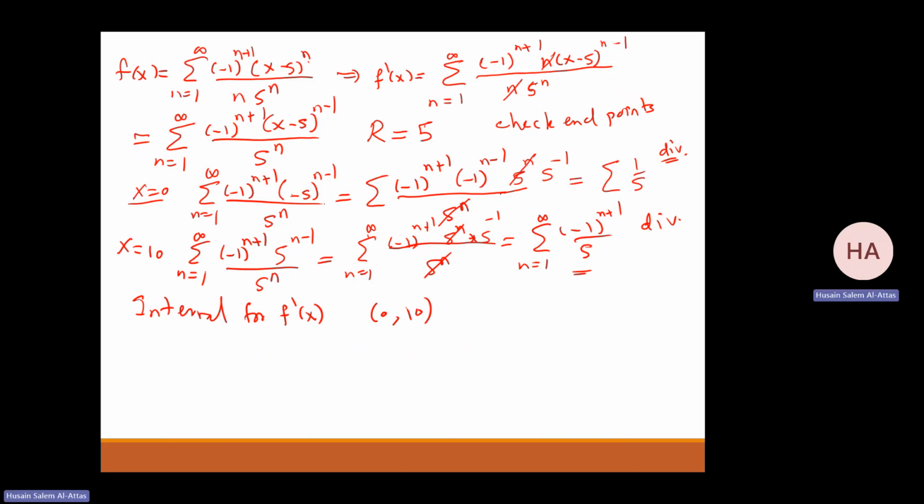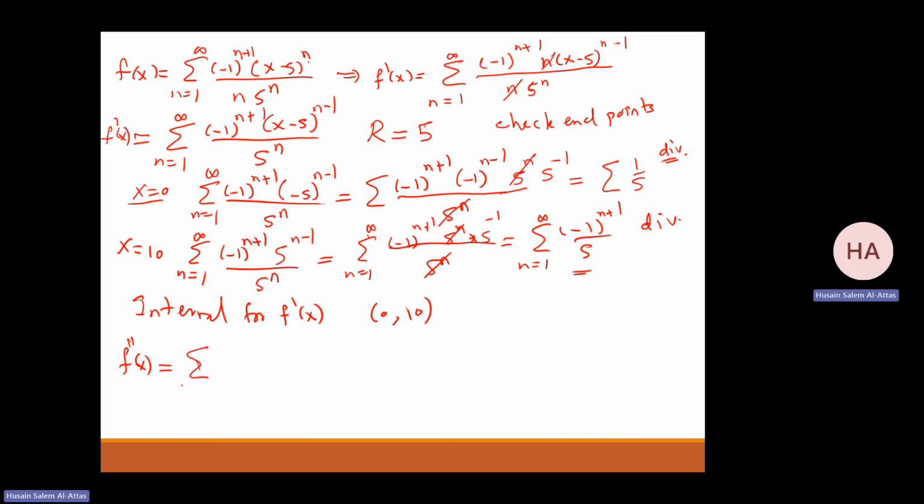Okay. Now let us go to f double prime. This is f prime. Now go to f double prime. F double prime of x will be what? We'll do the derivative now.